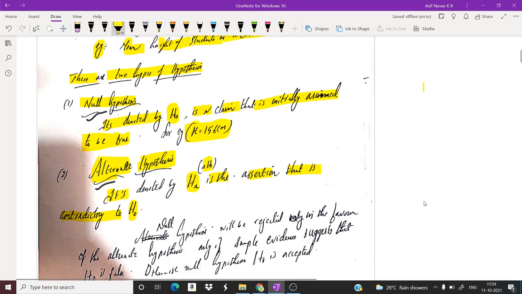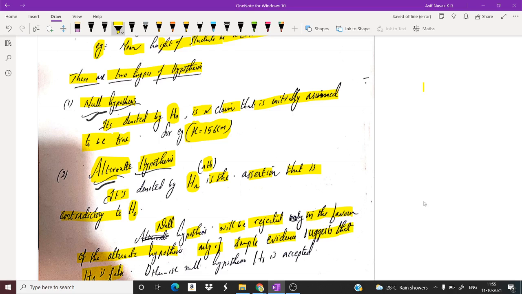Now the procedure of testing. The null hypothesis will be rejected in favor of the alternative hypothesis only if sample evidence suggests that H naught is false.